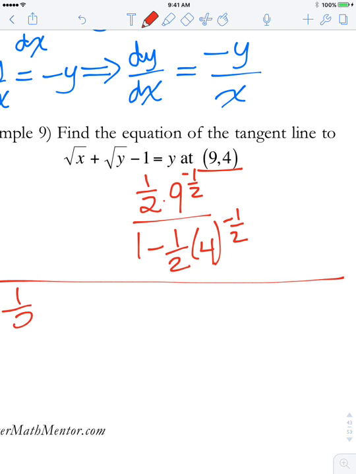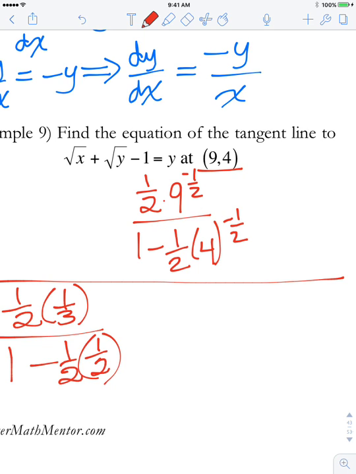So 1/2. 9 to the negative 1/2 power is 1/3 over 1 minus 1/2 times 4 to the negative 1/2 power, and that is also 1/2.